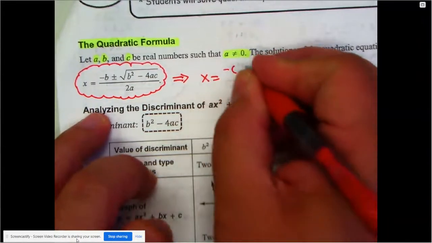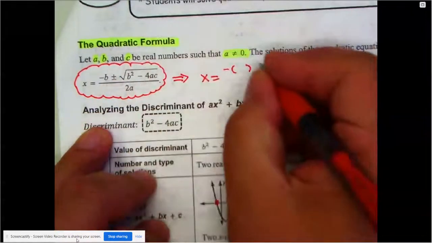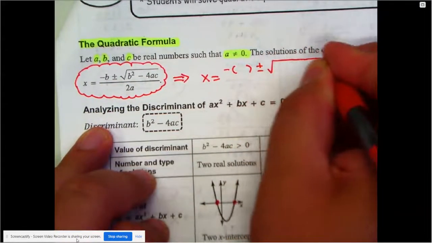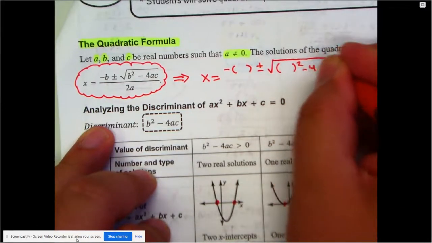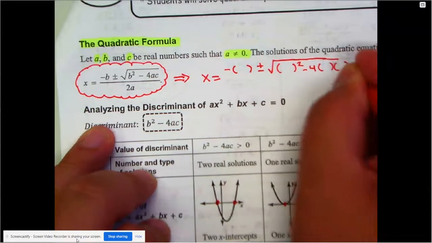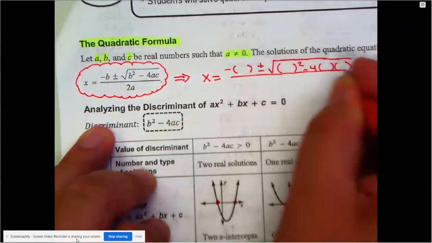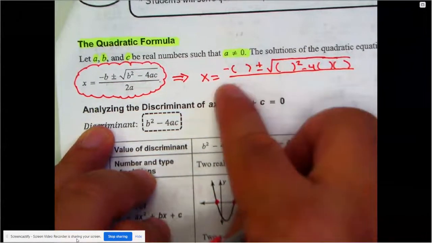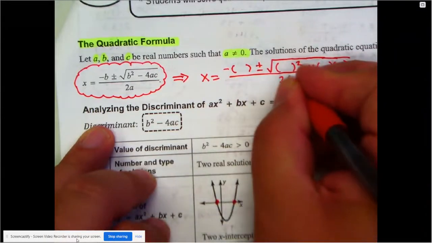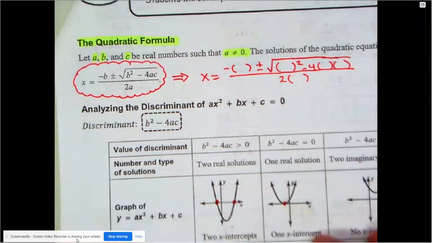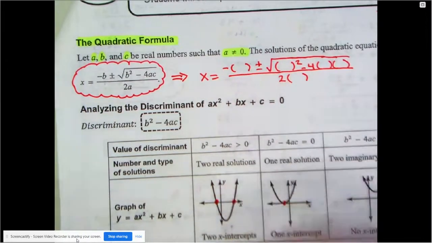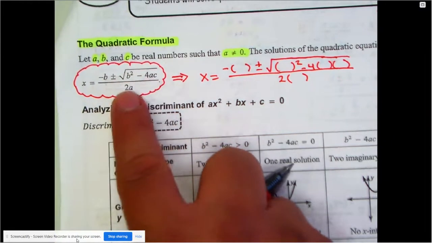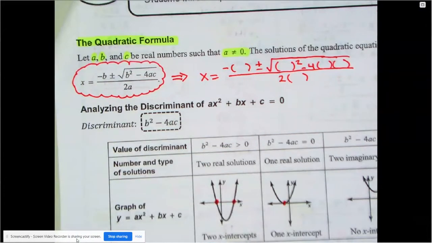And then we're going to plug in the opposite of B, plus or minus the square root of B squared, minus 4 times A times C, all over 2A. Look at how we stretch out that fraction all the way from the beginning to end. Notice how we have 5 empty parentheses, and technically we should be filling in 5 different spots in this formula. The formula here tells you exactly what numbers to use. It's also in your word wall to guide you.